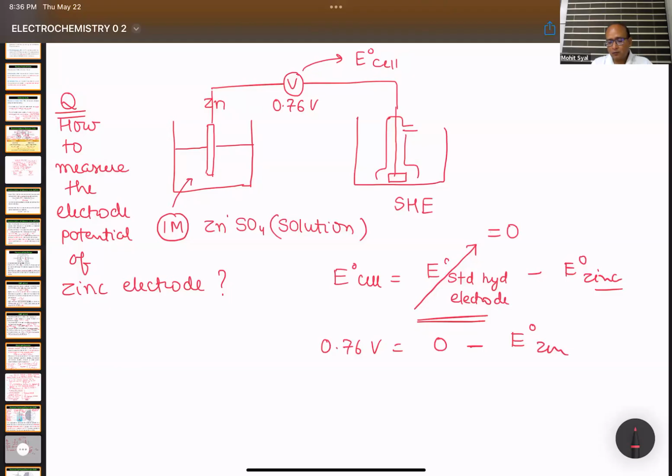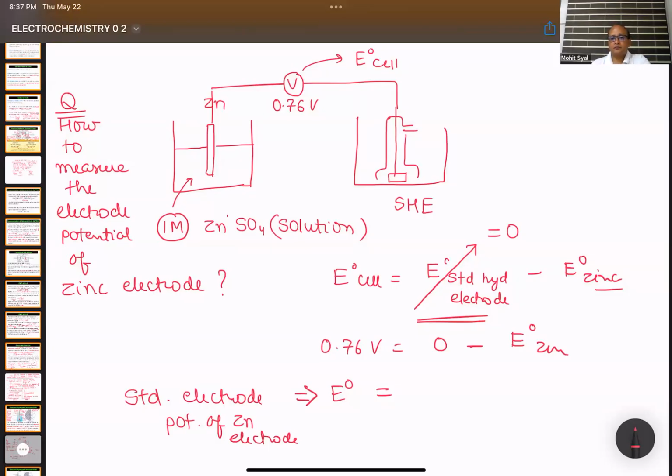So what is the electrode potential of the zinc electrode? Standard electrode potential. Marwa, can you tell me? Marwa, am I audible?